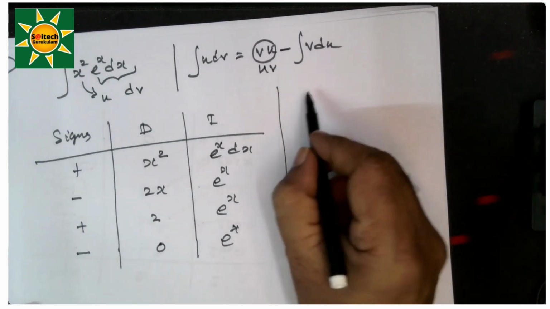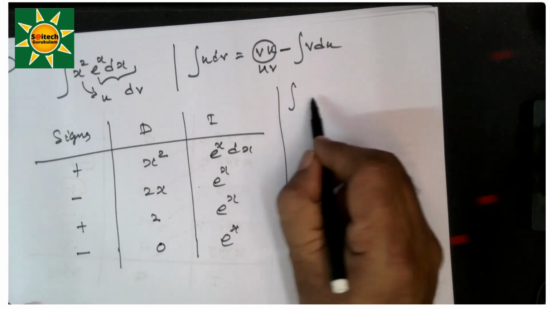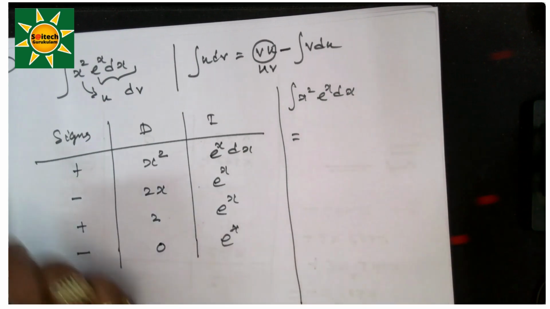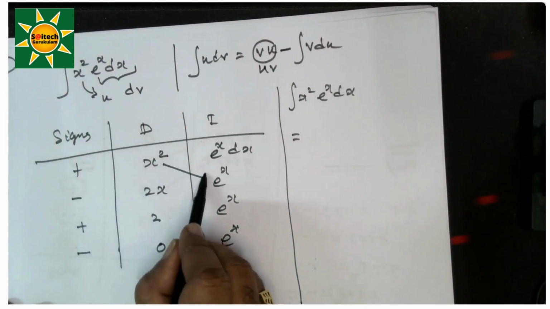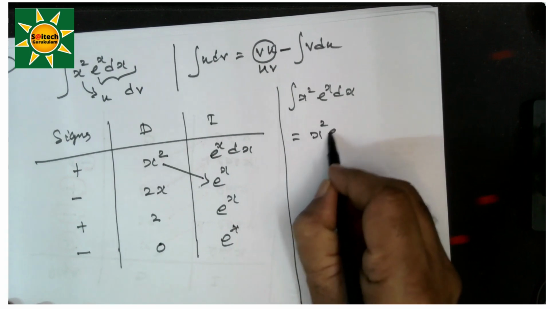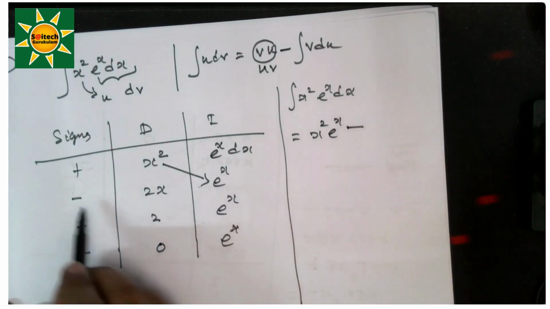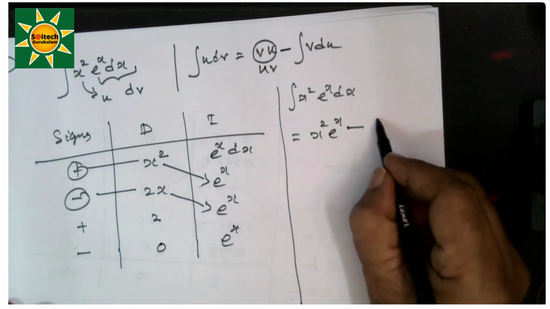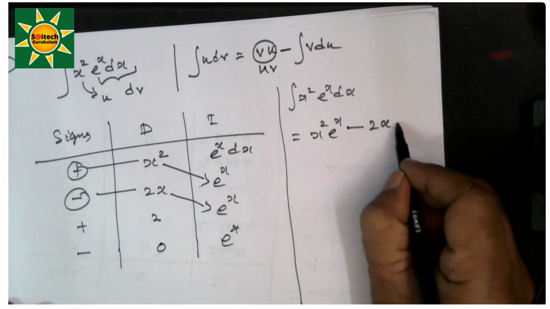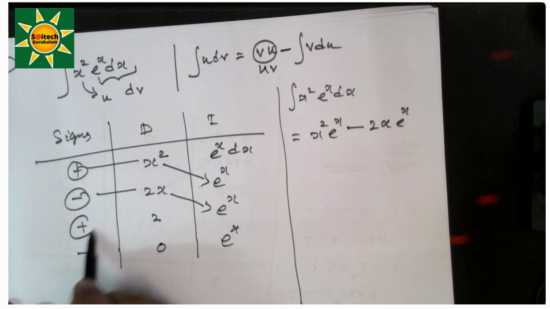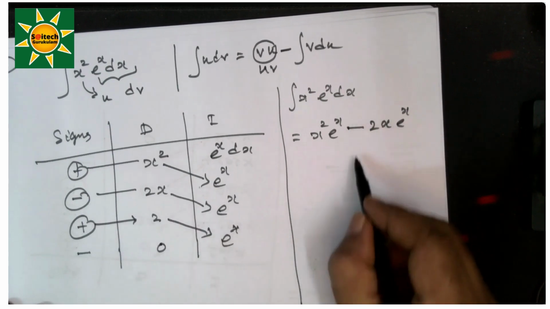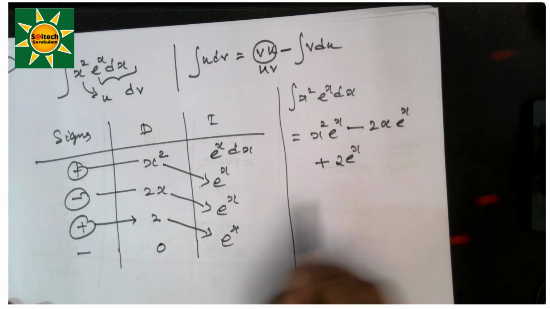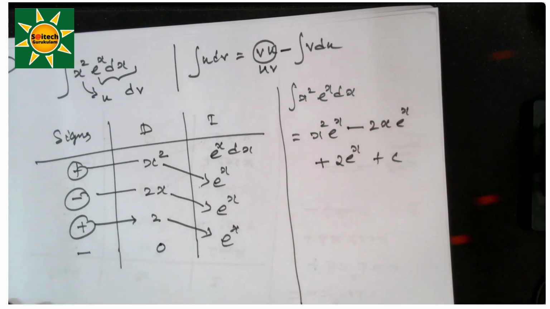Now see, integral x squared e power x dx is equal to, now plus uv, that is x squared e power x, and then minus 2x e power x, and then minus, that is plus 2 e power x, after that constant.